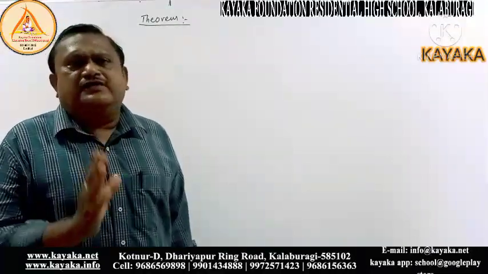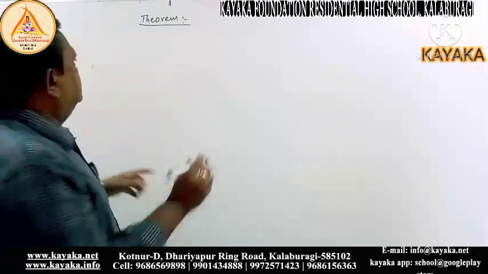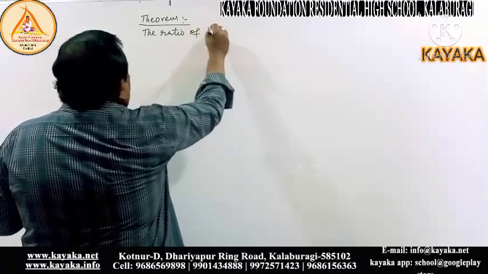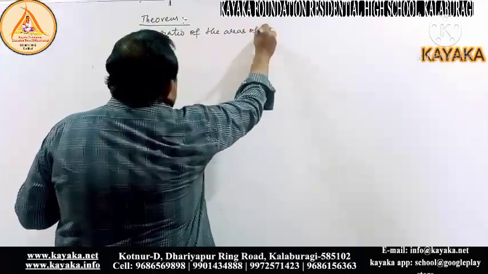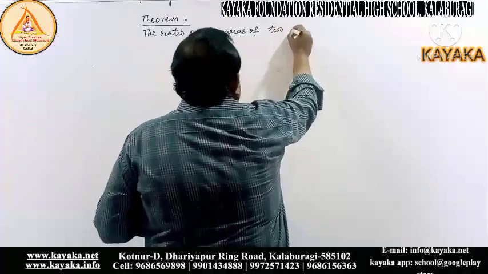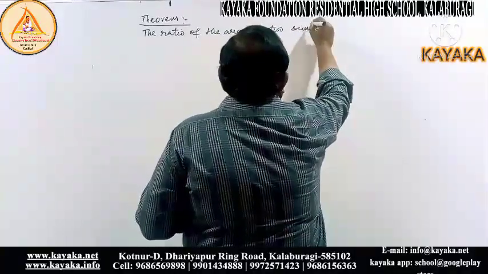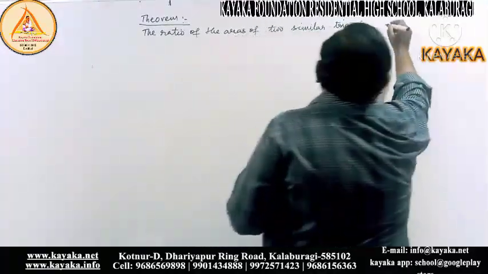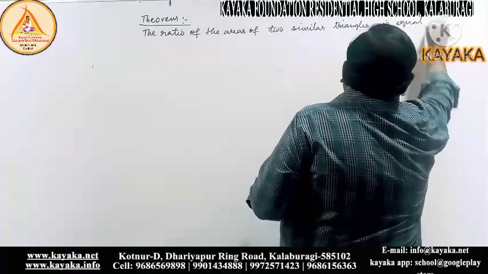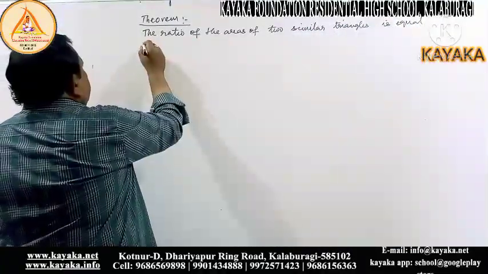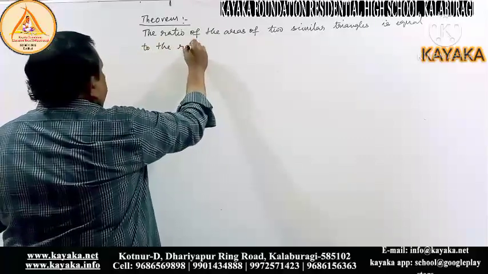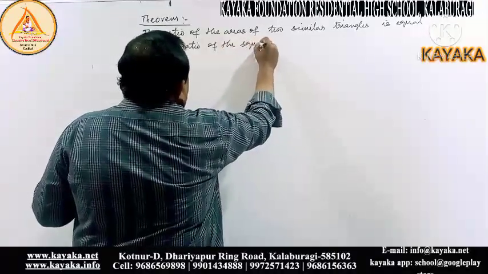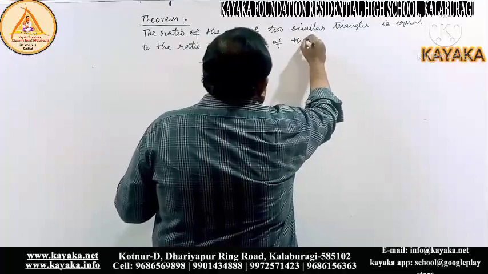The ratio of the areas of two similar triangles is equal to the ratio of the square of the corresponding sides.